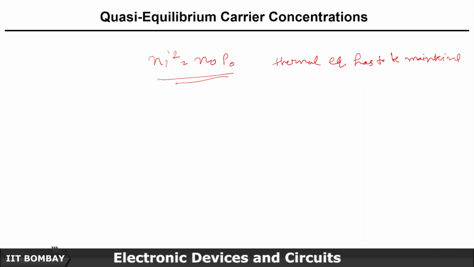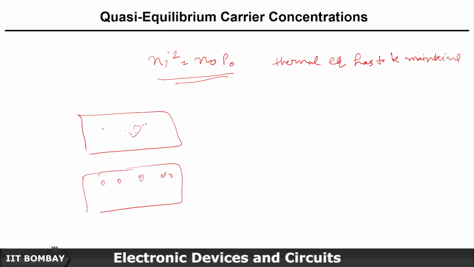So what happens when we say quasi-equilibrium situation, in which conduction band electrons, let's say this is your conduction band, and holes in the valence band, are mutually... the electrons within the conduction band are in equilibrium, holes are in equilibrium, but electrons and holes are not in mutual thermal equilibrium.